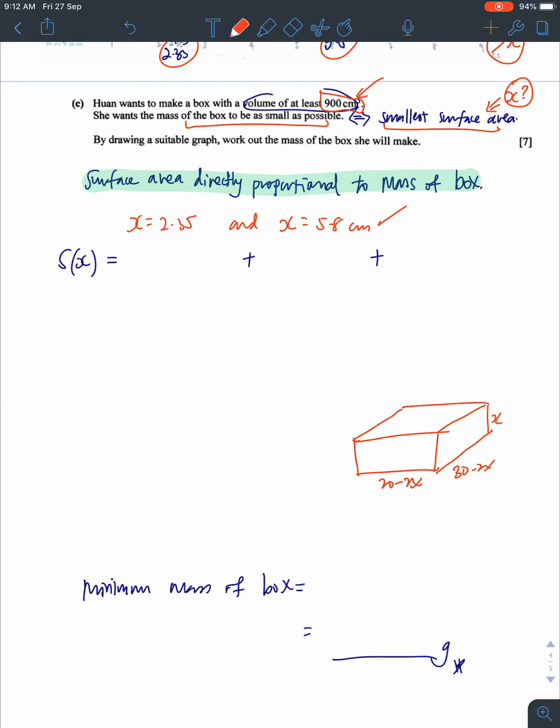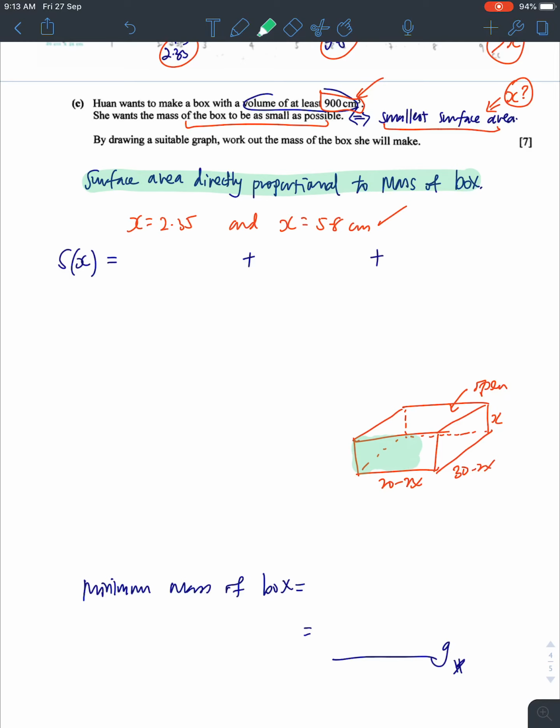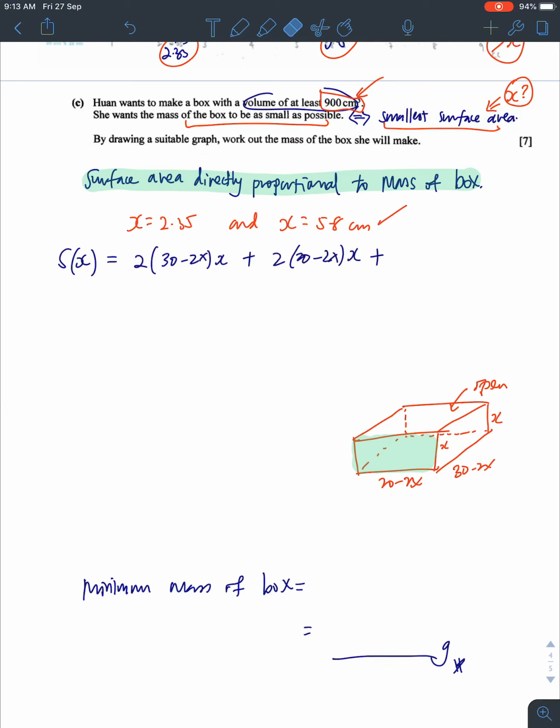So now what we need to do is find the total surface area of this open box in terms of x. We can do this in a very systematic way. We'll first find the area of this face. This is simply 20 minus 2x by x, so we have 2 of that. This is our answer.